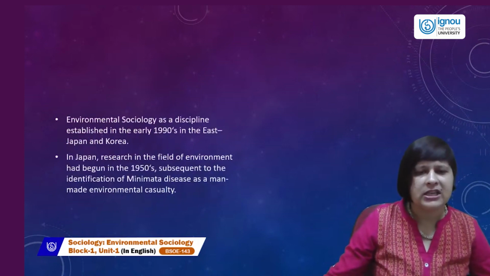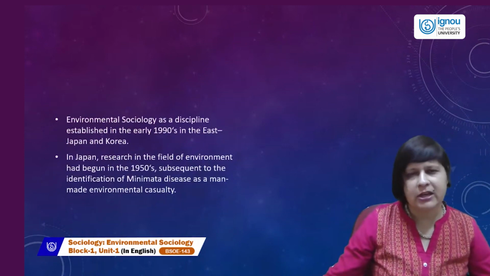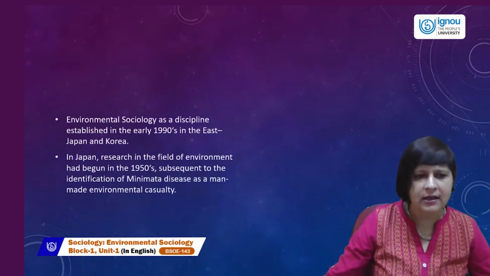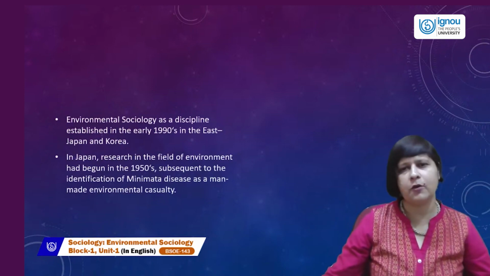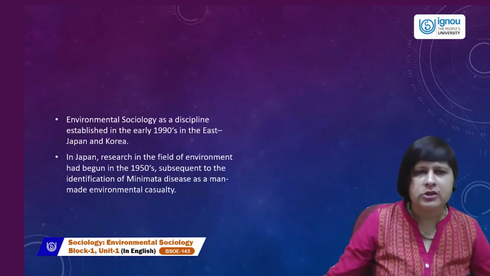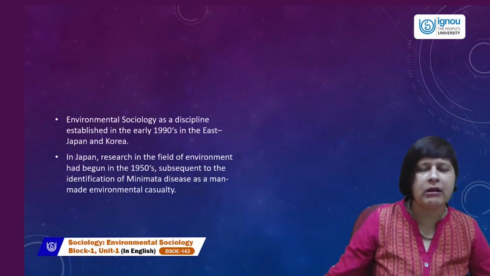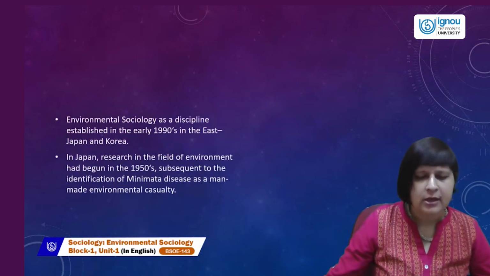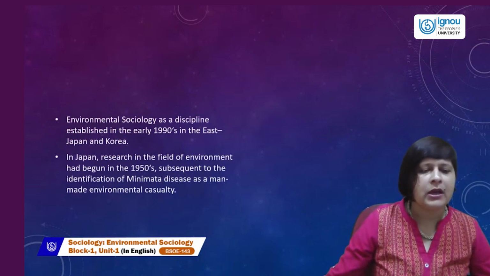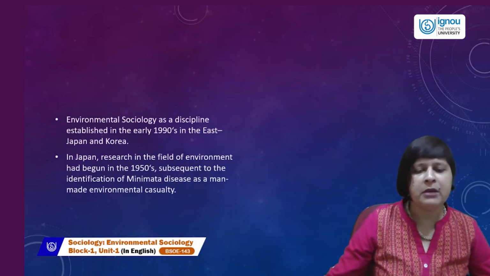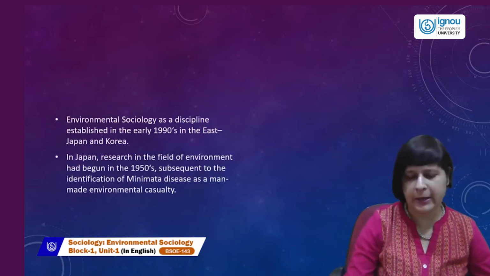Environmental sociology as a discipline was established in the 1990s in East Asia, in Japan and Korea. In Japan, research in the field of environment had begun in the 1950s, subsequent to the identification of Minamata disease as a man-made environmental casualty.